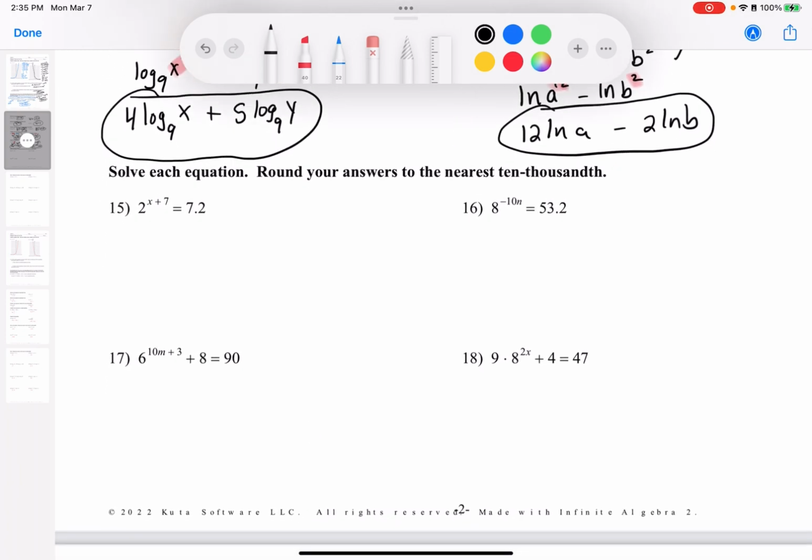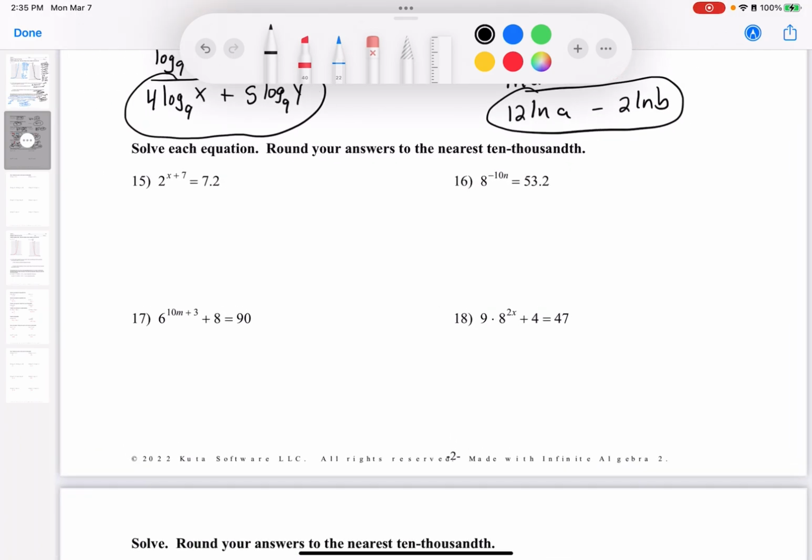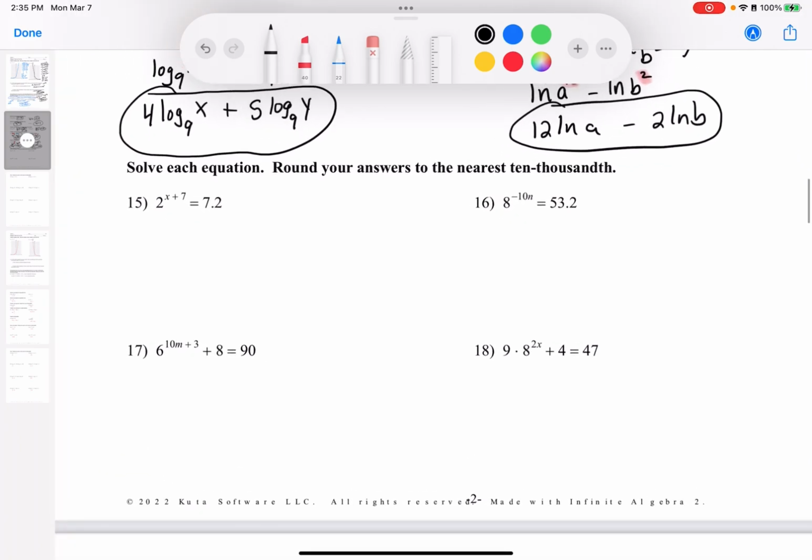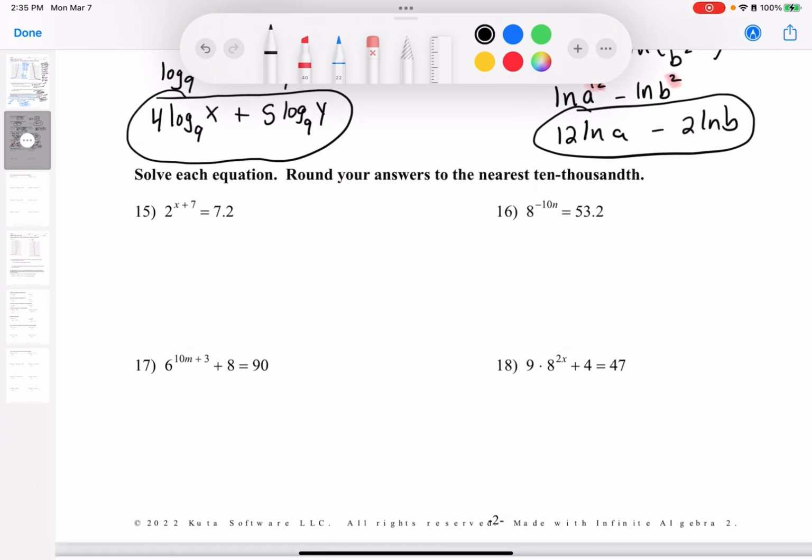All right, so the next ones we're going to solve. Looks like we're starting with exponentials. So remember, when you're doing exponentials, first thing is to make sure you isolate the piece that's to an exponent, so your base. That's already done. So then we're going to go ahead and rewrite it as a log. So this would be log base 2 of 72 is equal to x plus 7. Now we can use the change of base formula. So the log of 72 divided by the log of 2 equals x plus 7.